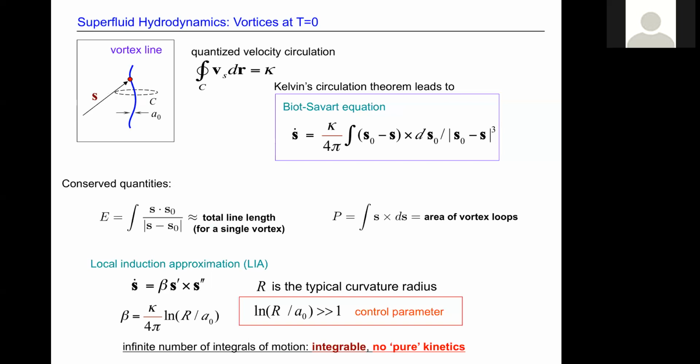But then the Kelvin mode requires a different description because it becomes relevant when you neglect the interactions between vortices, when the coupling between different vortices is not relevant, and you're looking at single vortices.